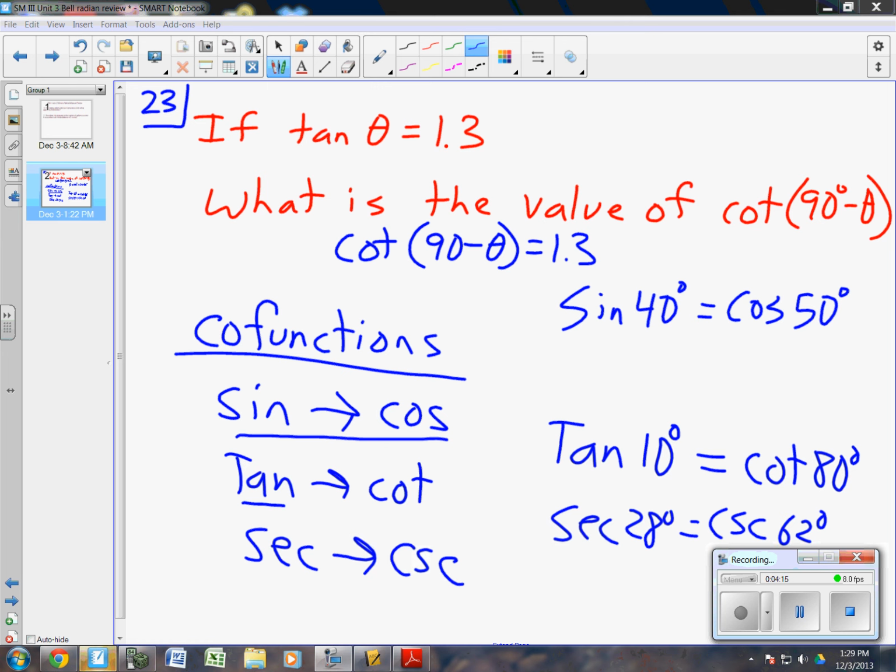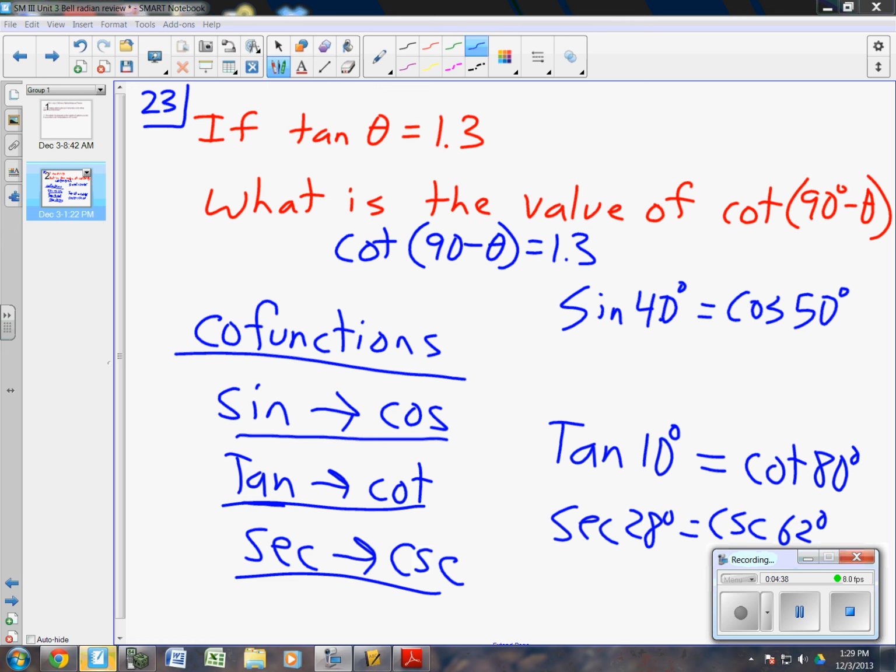Yeah, you guys. Sine and cosine are cofunctions. Tangent and cotangent, secant and cosecant. This is a really easy concept, because all you have to do is see if you have two that are cofunctions, which I just listed right here. Those are the three. And if the two angles add up to 90, then they're equal.